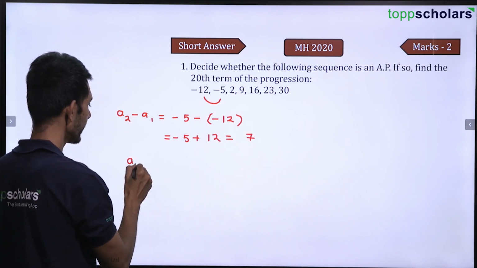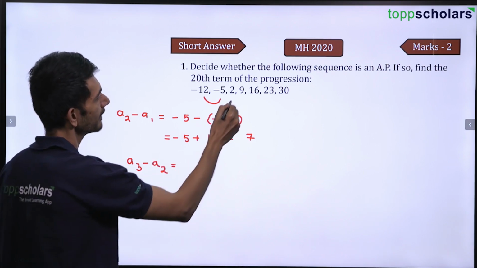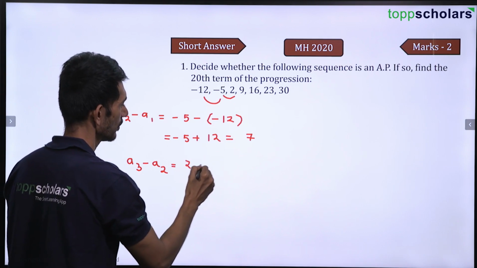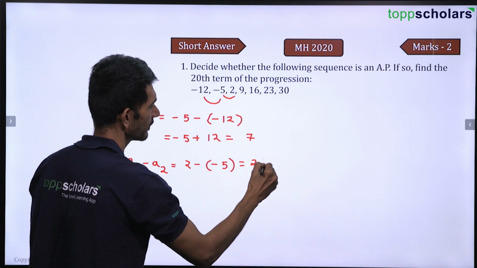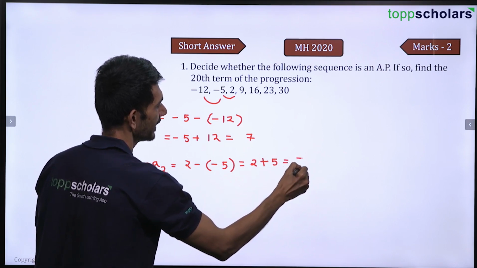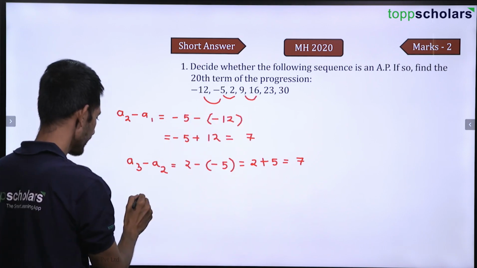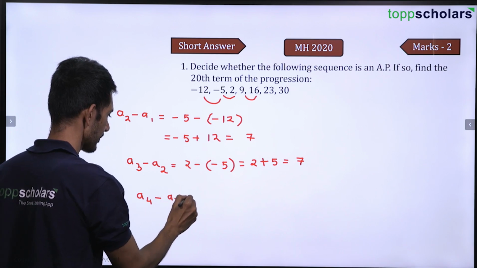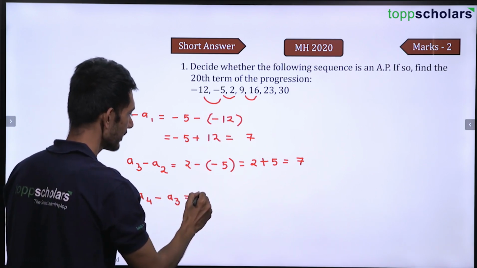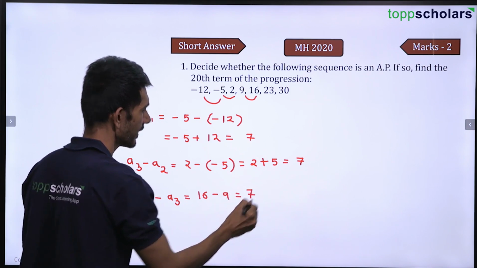Then A3 minus A2, that is equal to 2 minus minus 5, that is 2 plus 5, that is 7. Then these are very simple, isn't it? A4 minus A3. How much is A4 minus A3? 16 minus 9, that is 7.